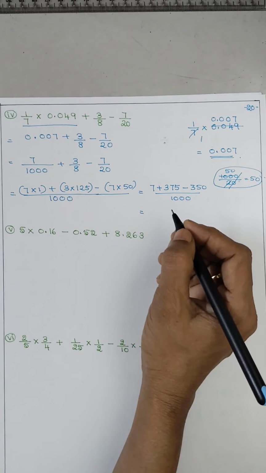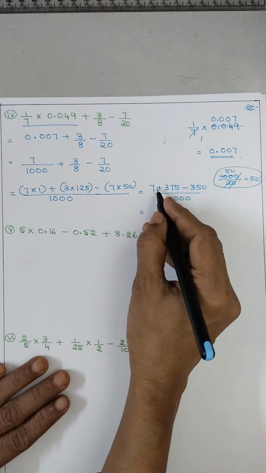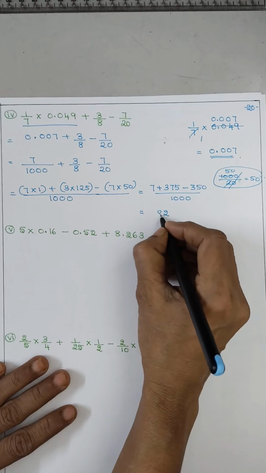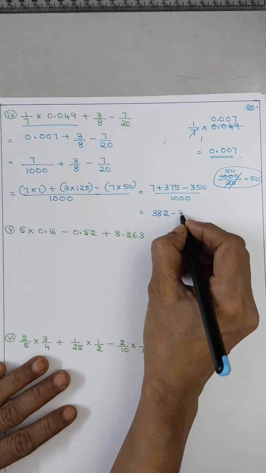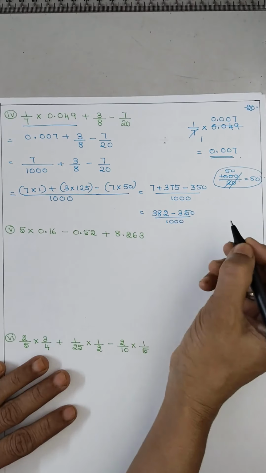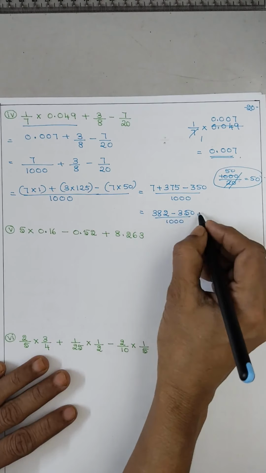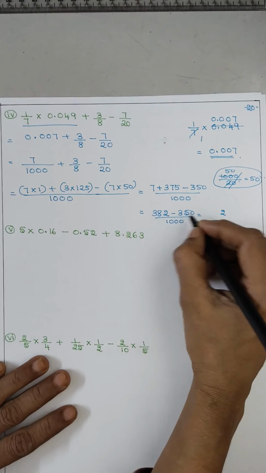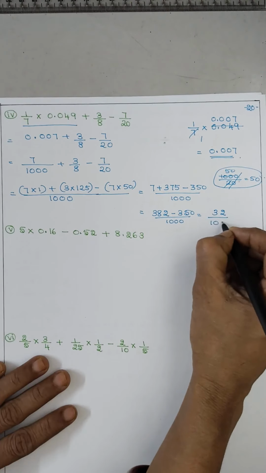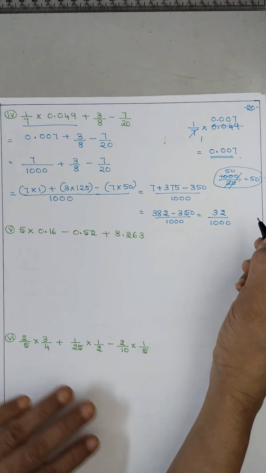So now it will be, when you add 7 plus 5, 12, 1 8, 3 minus 350 upon 1000. So you got 2 minus 0, 2, 8 minus 5, 3, 3 minus 3, 0 upon 1000.